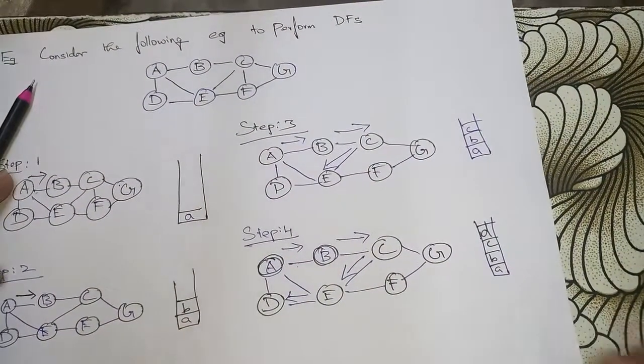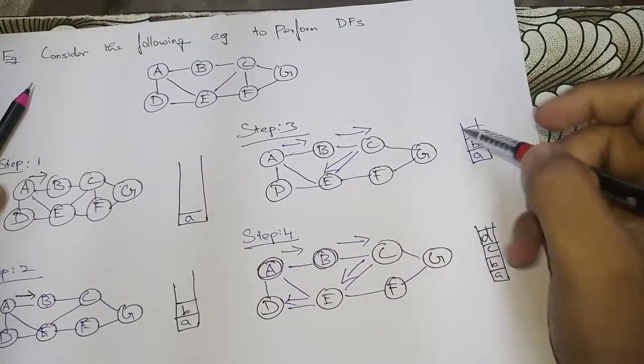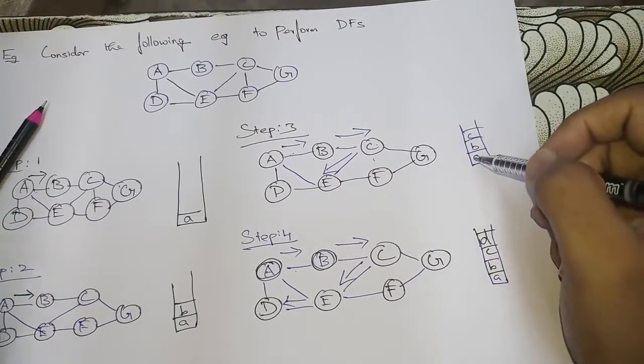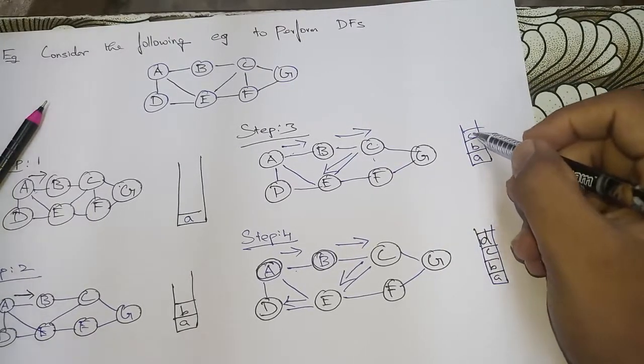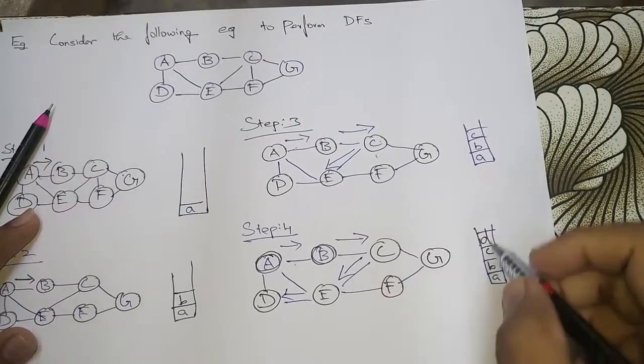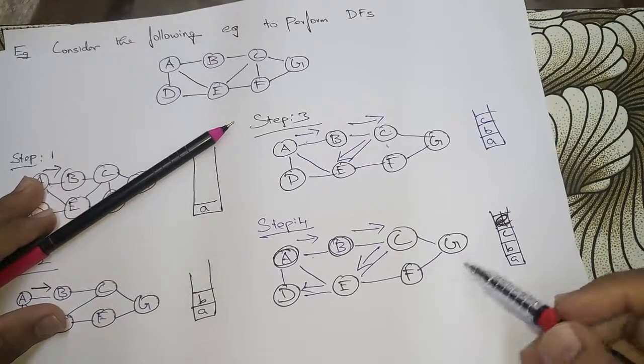On step 3, it continues A, B, C and pushes the vertex C above B, and next it pushes the vertex E.